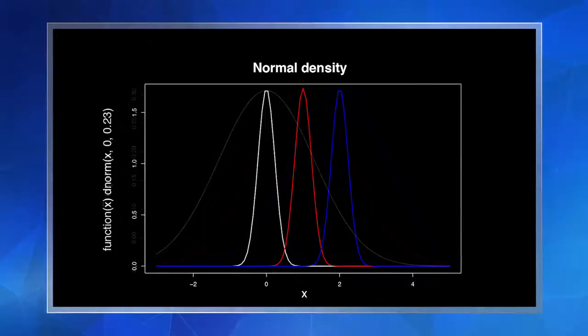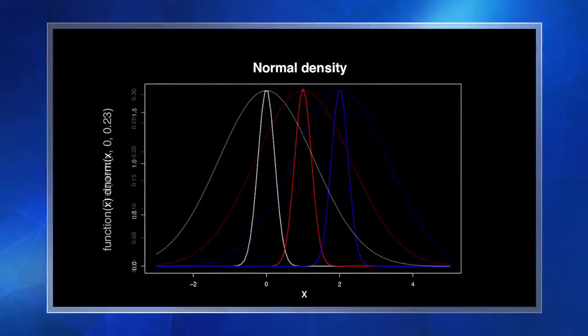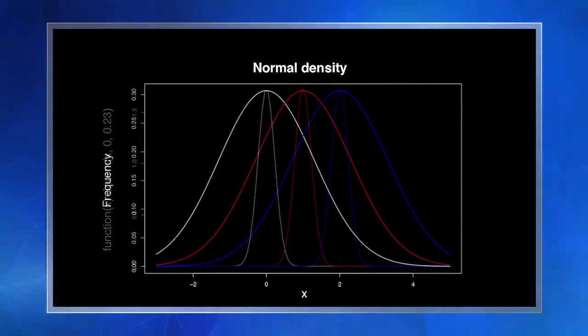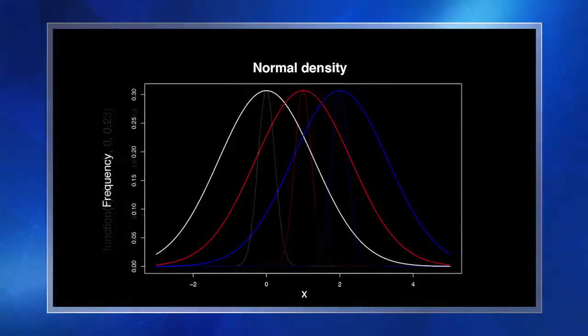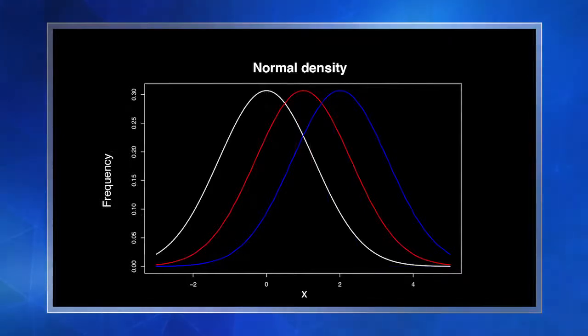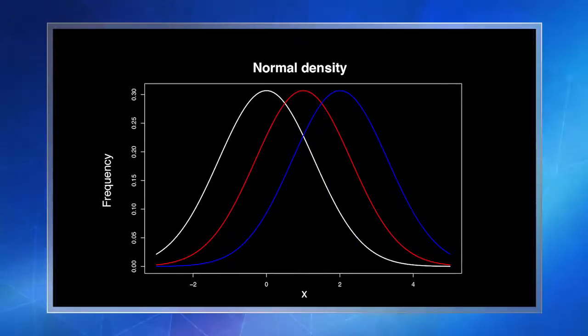Now, on the other hand, check out these 3 distributions. They have the same means at 0, 1, and 2, but they have a larger variance. In fact, it's more probable that these 3 samples could have come from the same underlying population.